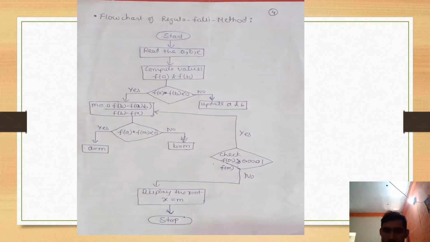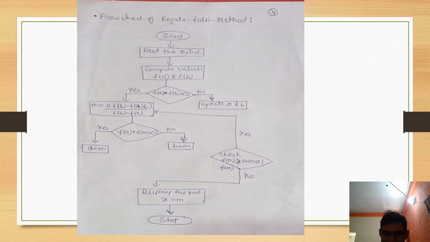Now we check the condition: if the product of f of a and f of b is less than 0 and it is true, then we find the value of m by the formula m equal to a into f of b minus b into f of a, whole divided by f of b minus f of a.